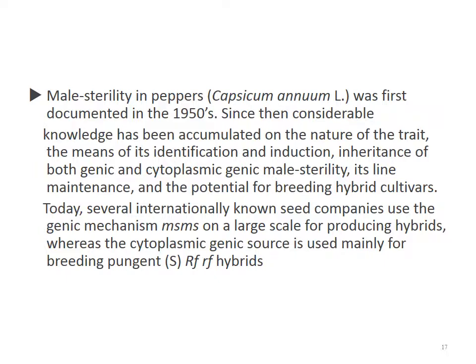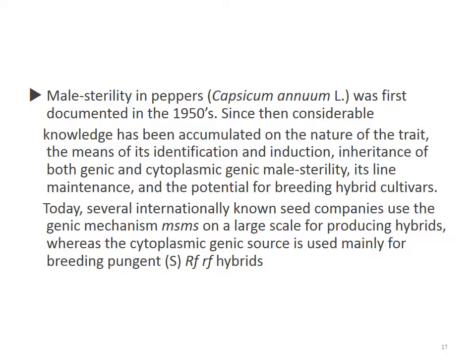Male sterility in pepper was first documented in the 1950s. Knowledge has been accumulated on the nature of the trait, that is its identification and induction, inheritance of both genetic and cytoplasmic genetic male sterility, its line maintenance and potential for breeding hybrid cultivars.